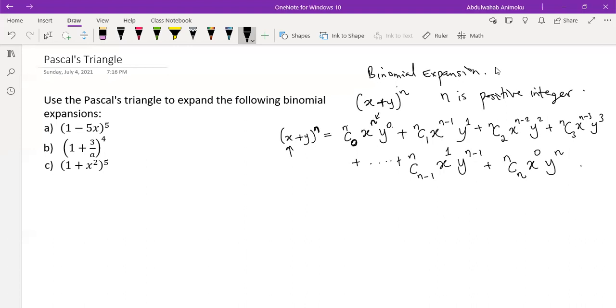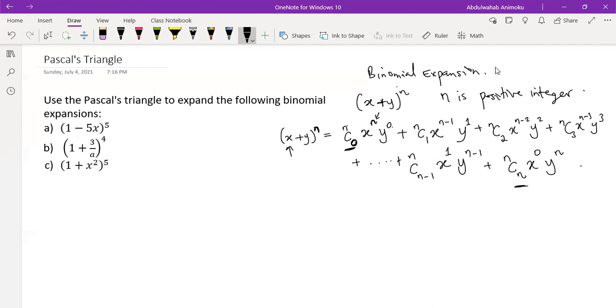We can start with n combination 0, where x takes the minimum power and y takes the maximum power, and so on. It just so happens that n combination 0 is the same as n combination n. There are many properties for this type of expansion, and we're going to explain those before we get into the problems.